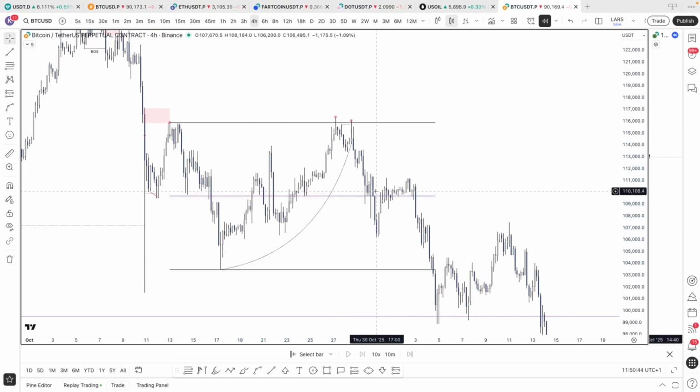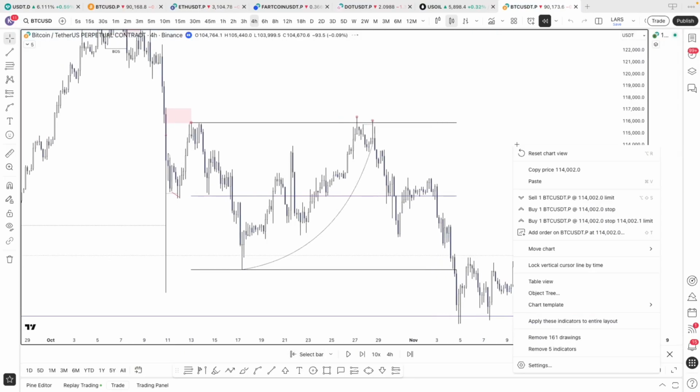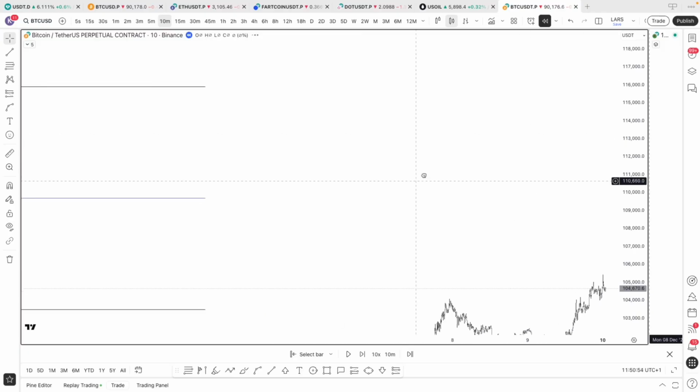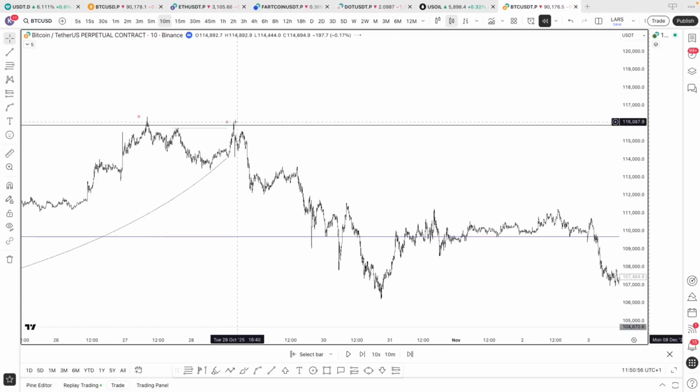In this situation, we yet again traded Bitcoin, but right here, as the distribution model is getting confirmed, we are in a pretty significant higher time frame ranging environment. So we broke structure right there on the lower time frame.